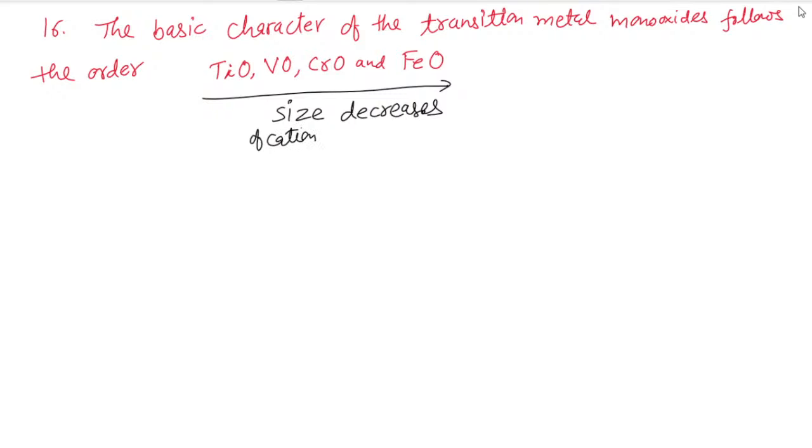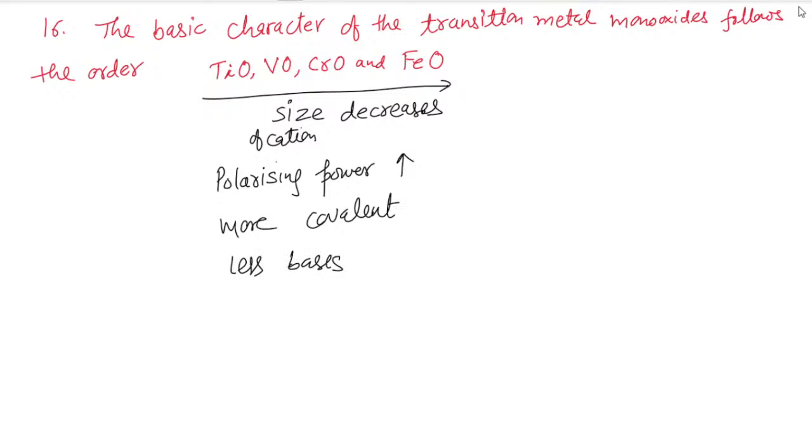As the size of the cation decreases, its polarizing power increases, it becomes more covalent and less basic.